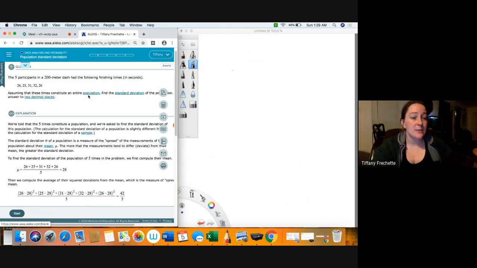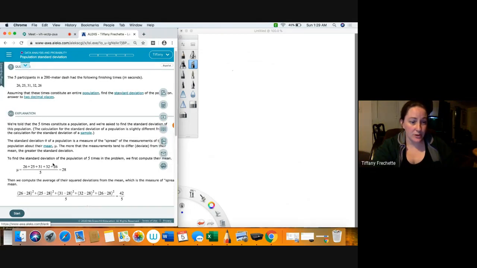So in this case, population just means if we have 5 participants that are in a 200-meter dash, then population would be all the people that were participating in that 200-meter dash. That would be the population. In this case, we only looked at the 5 participants instead of all of them, but we're saying that they represent the whole population.